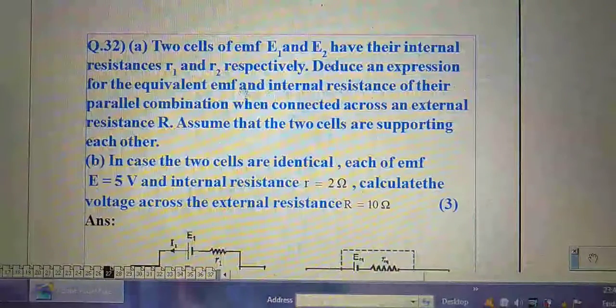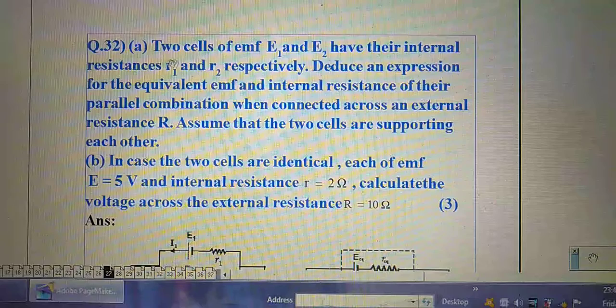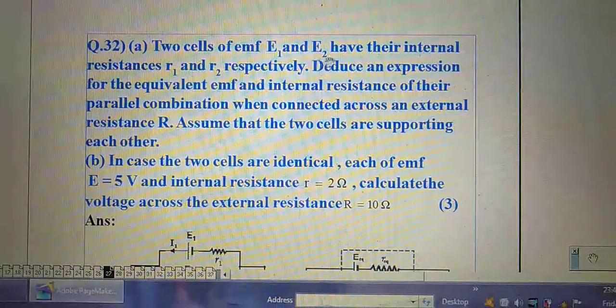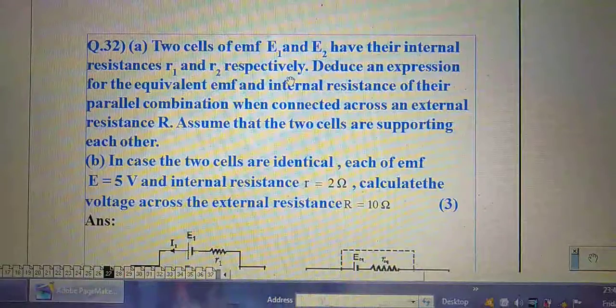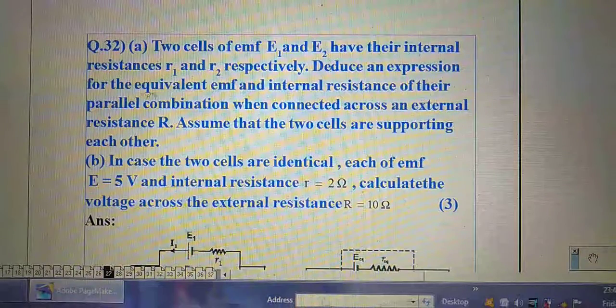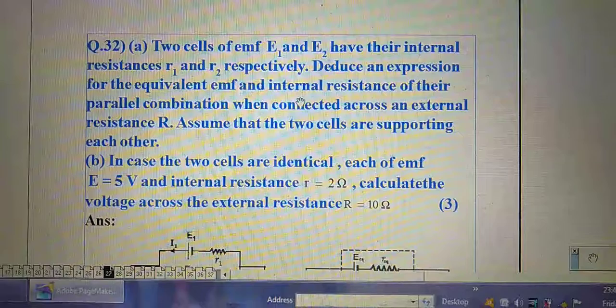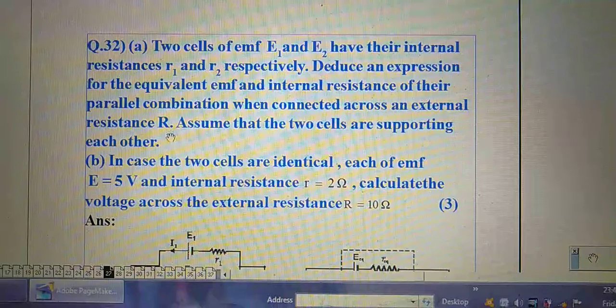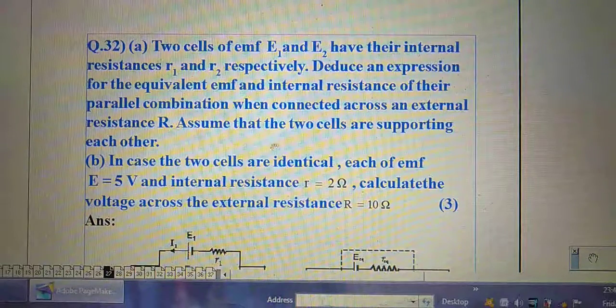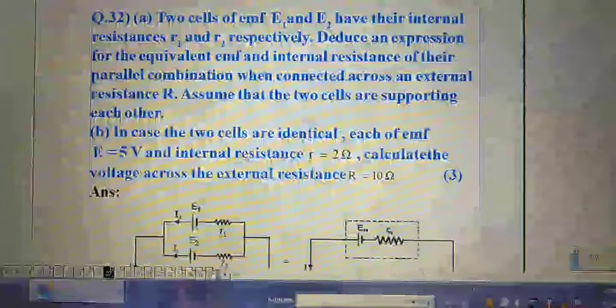First question. Two cells of EMF E1 and E2 have their internal resistances R1 and R2 respectively. Deduce an expression for the equivalent EMF and internal resistance of their parallel combination when connected across an external resistance capital R. Assume that the two cells are supporting each other.